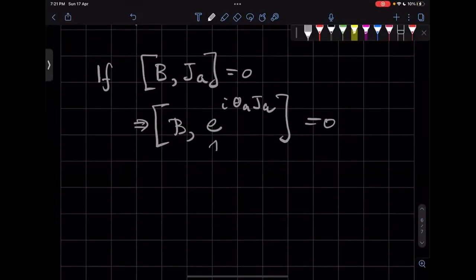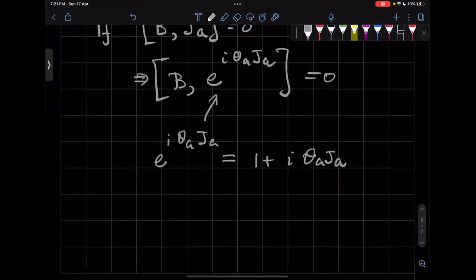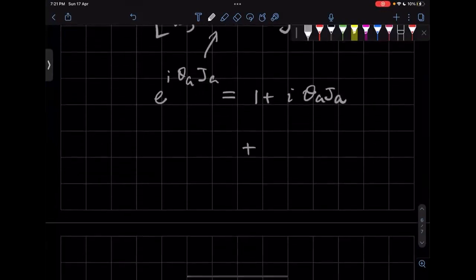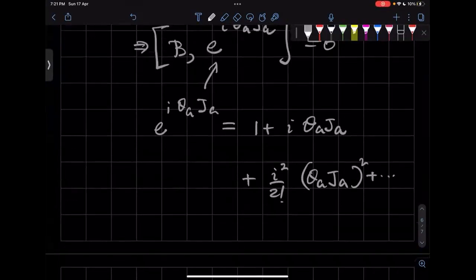So yeah, what are the finite elements? It's e to the i theta_A J_A, but this is basically a power series, right? That's the first term, and then you have the second term, things like that.